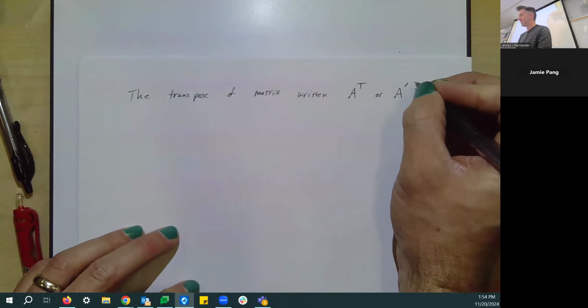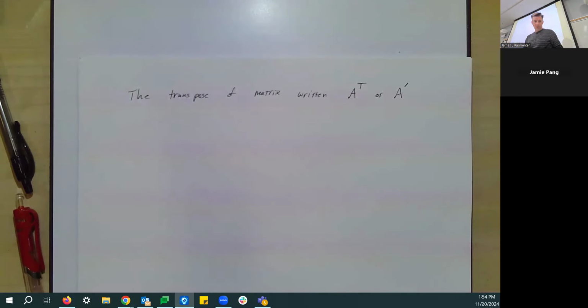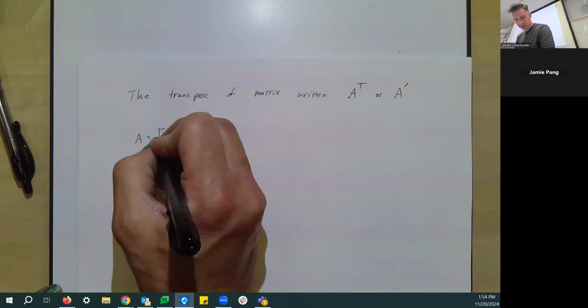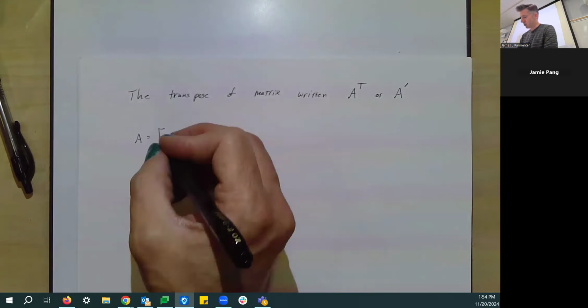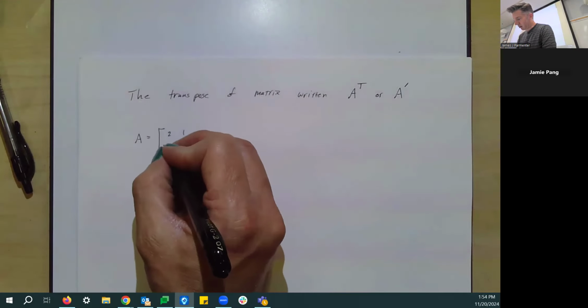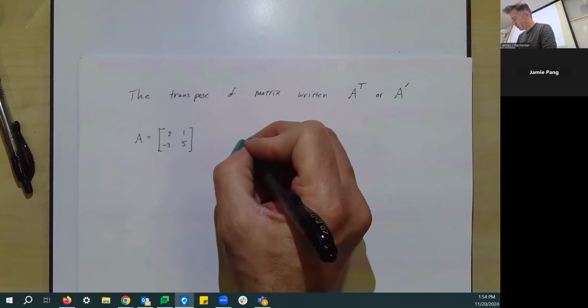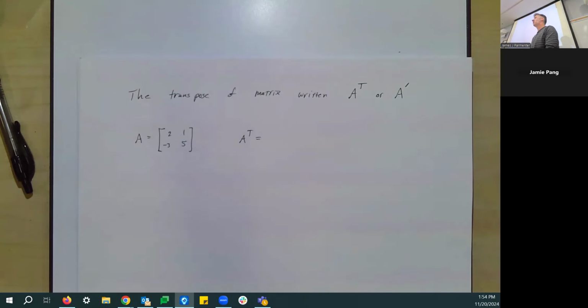I don't love the prime notation. I think the T is more common, but both are generally accepted. So for example, if the matrix A is the matrix we just had, 2, 1, negative 3, 5, then A transpose is just, I always think of it as every row becomes a column and every column becomes a row. The easiest way to write it down is just look at the columns and write them as rows.